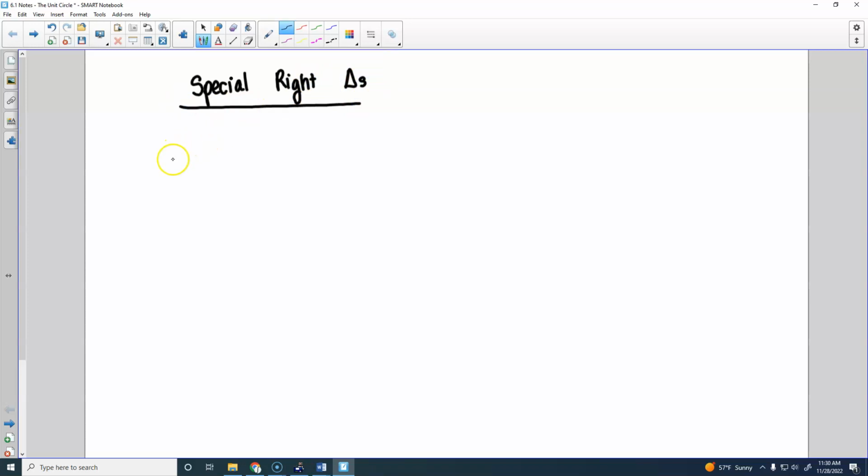Have you seen 45, 45, 90 triangles before? Have you learned rules for that? Okay, so if you have a 45, 45, 90 triangle, it's an isosceles right triangle. Isosceles means that two sides are the same.